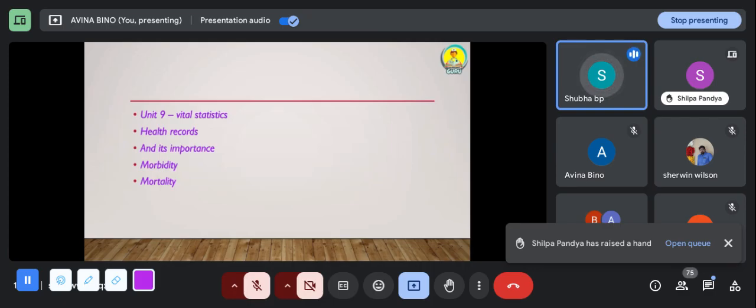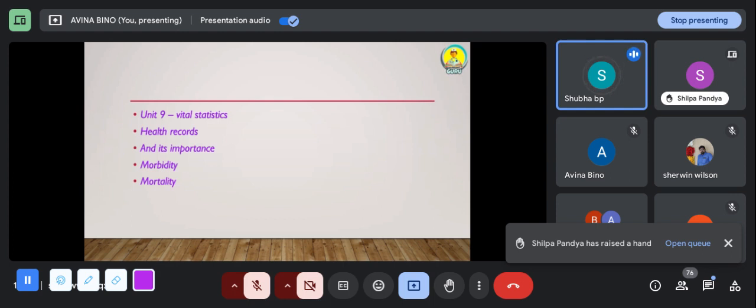So these are the long essay questions asked from unit 9, vital statistics and the importance of health records. And for short answer they may ask what is morbidity rate and what is mortality rate. You all know mortality means death rate. So they may ask for 1 mark.